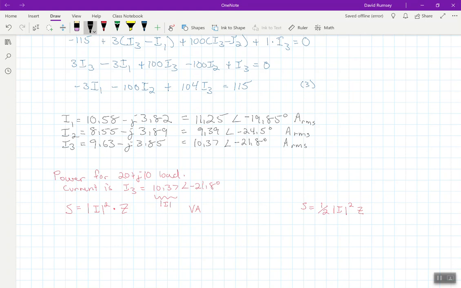Okay, so for the 20 plus J10 load, we would have S equal to 10.37 quantity squared times 20 plus J10. So I'm going to do that real quickly on my calculator in front of me.